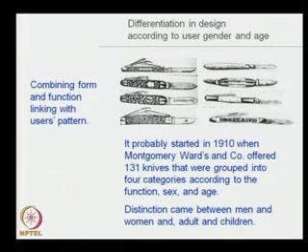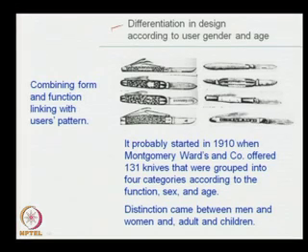Now, another thing comes: gender issues and age issues in design thoughts. Differentiation in design according to the user's gender and age. Now, there are some knives, and after looking at them it seems that a group of them are male and female types.